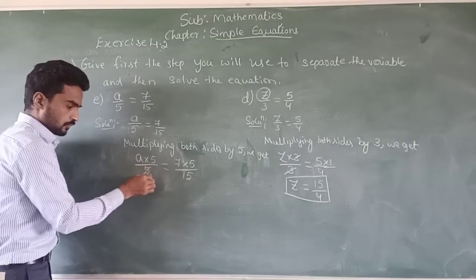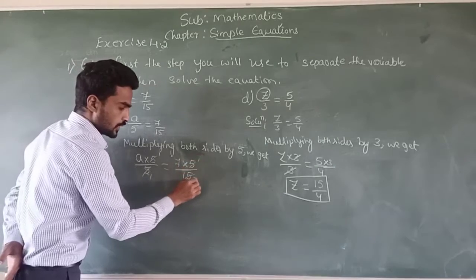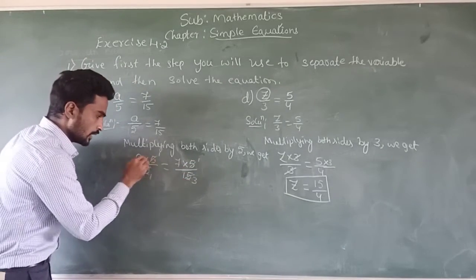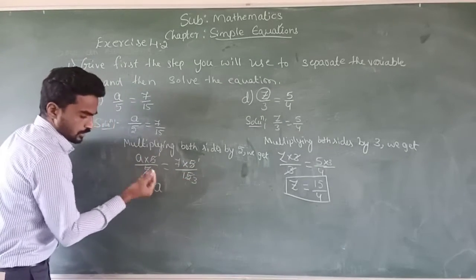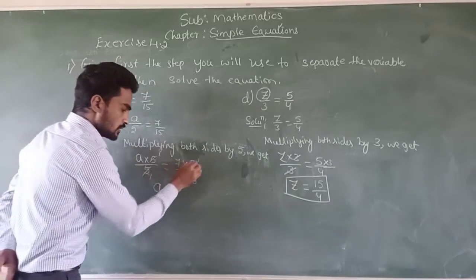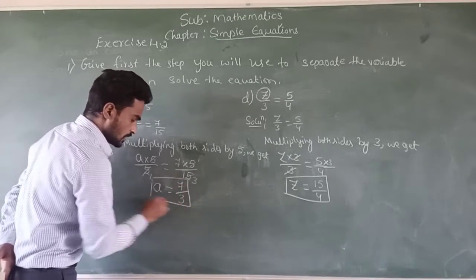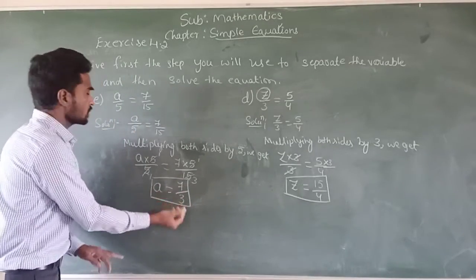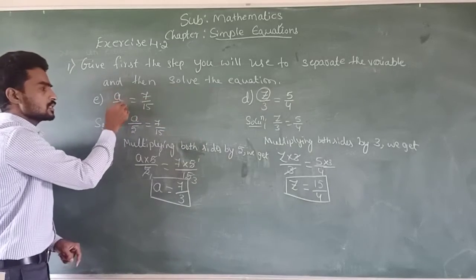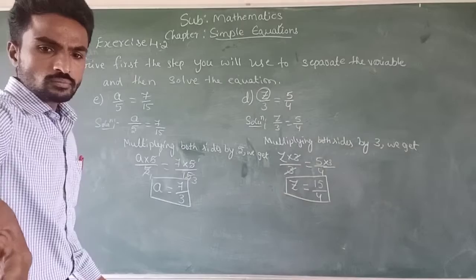Then 5 ones are 5, 5 threes are 15. Then a into 1, we can write that a is equal to 7 ones are 7. Here denominator 3 is there. Then a is equal to 7 by 3 is the solution of the given equation a by 5 is equal to 7 by 15.